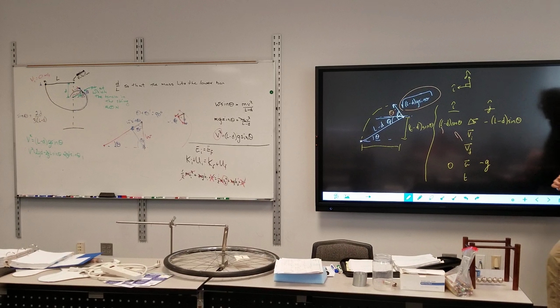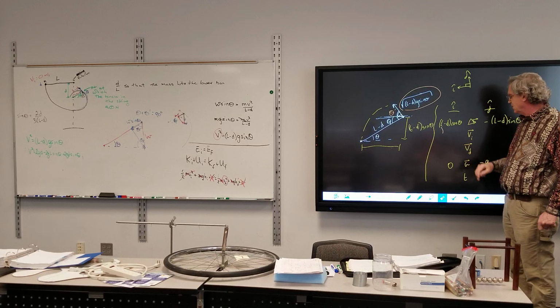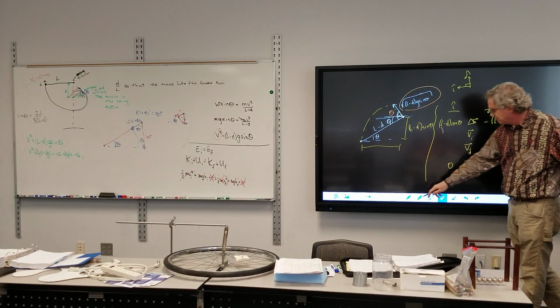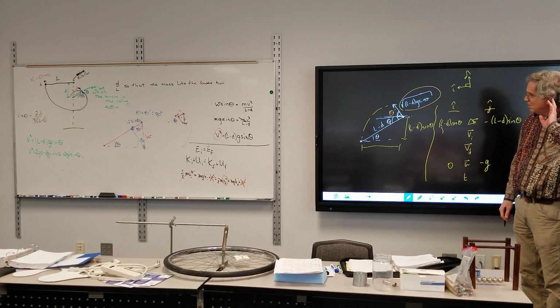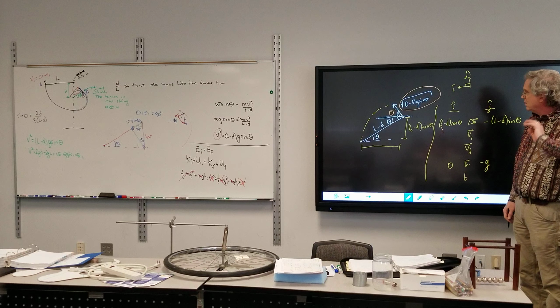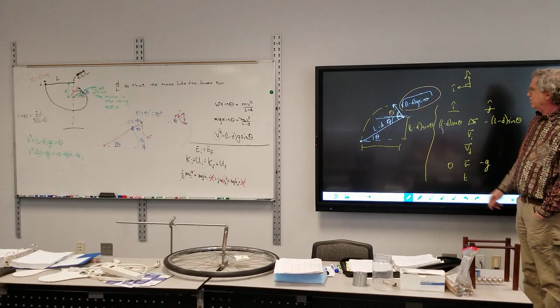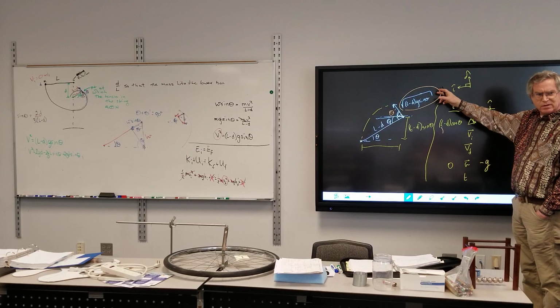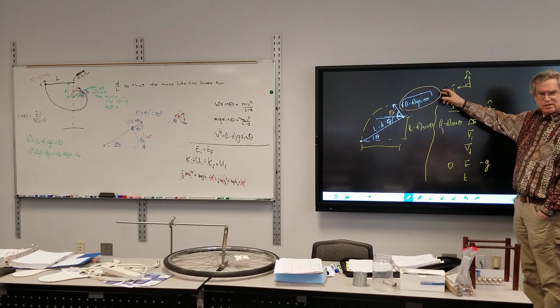So what are the initial velocities? The I hat and J hat components. Square root of L minus D G sine theta, cosine for the I hat, sine for the J hat.